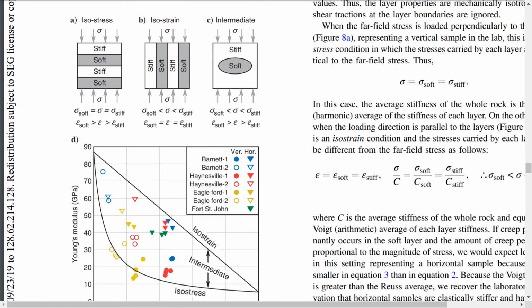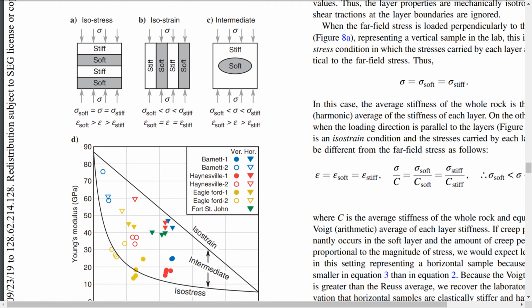Yeah, no, but I'm telling you, there are going to be some cases in which the vertical modulus may be larger than the horizontal. It's not in the figure, but we discussed it some time ago.